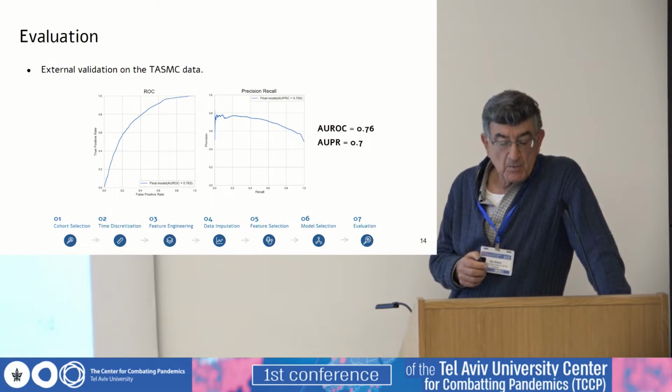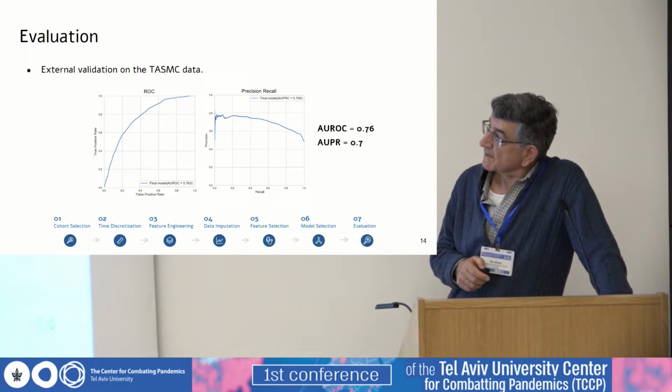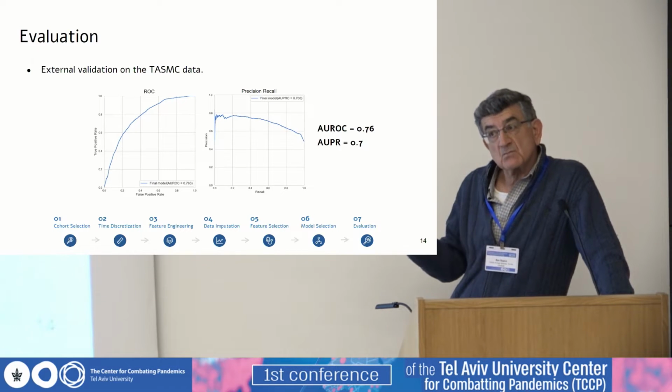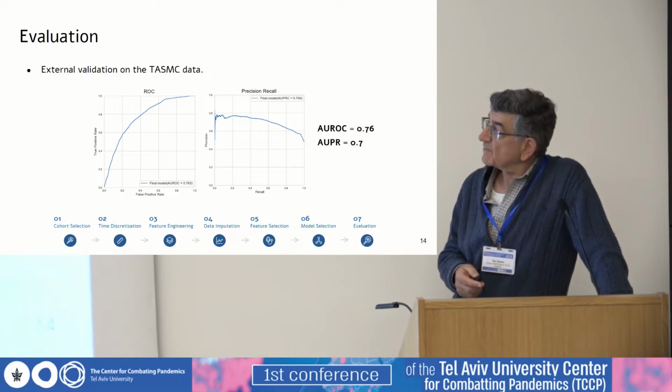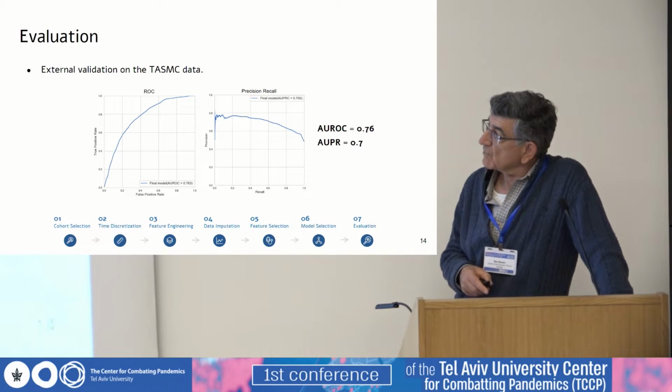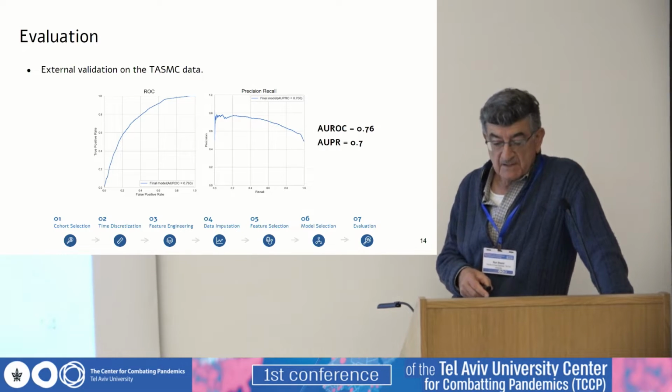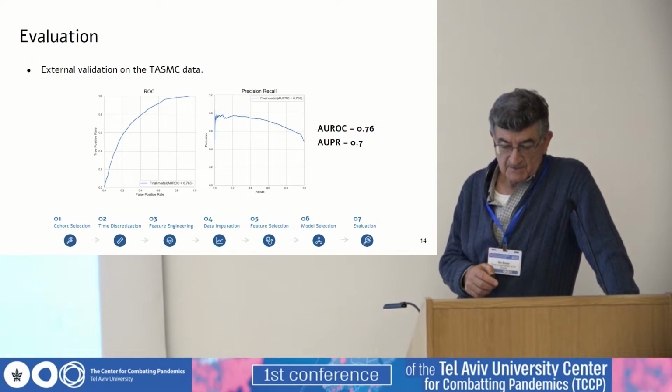As an evaluation, we applied the same model to the data from Ichilov, which was completely blinded until this point. And we see a slight decrease in the performance, but still an AUROC of 0.76 and AUPR of 0.7.